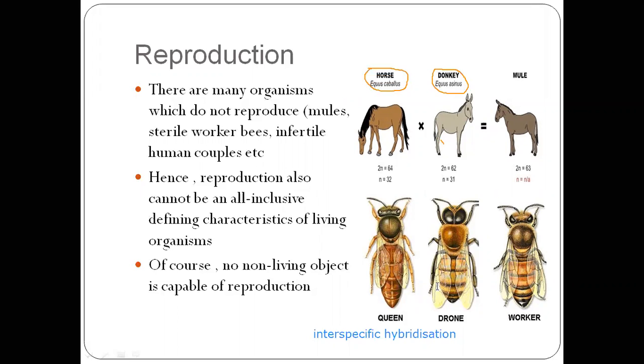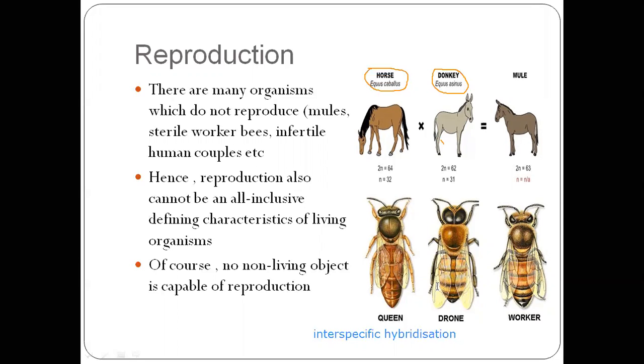If the egg has undergone fertilization, then it is not sterile. If the organism develops without fertilization, we call them sterile, and they will be unable to reproduce further. So hence, reproduction also cannot be an all-inclusive defining character of living organisms.